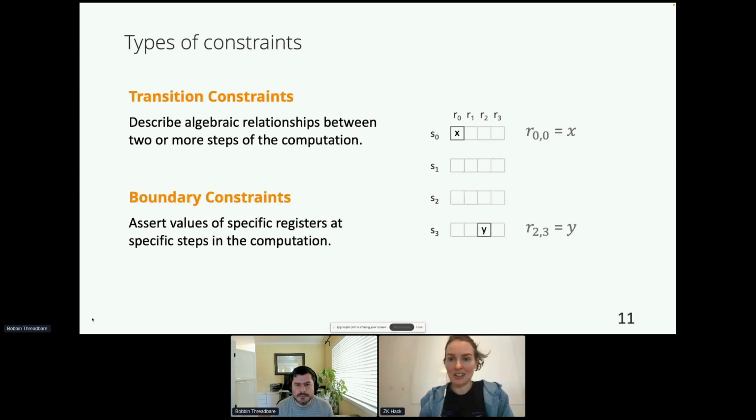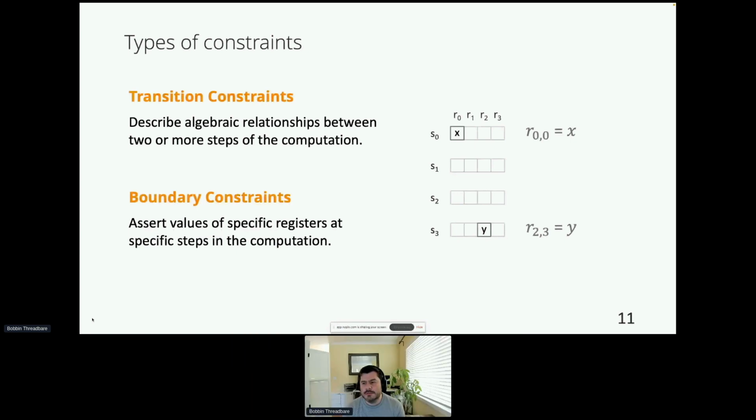All right, so I see the top question right here. Can you explain the cost of a boundary constraint? So the cost of boundary constraints is such that if you try to impose them in an unstructured way, where you just pick, let's say, some random rows in a trace and impose boundary constraints against those rows, your complexity probably grows linearly with the number of imposed rows, more or less.